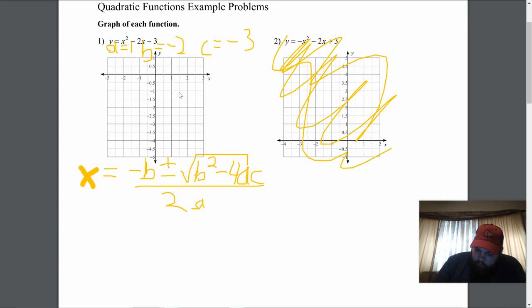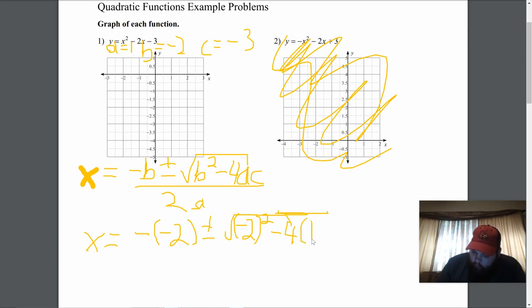So I got x equals negative, and then put parentheses, negative 2 plus or minus square root negative 2, put that in parentheses as well, squared minus 4 times 1, because that's our A, times negative 3, because that's our C, all over 2 times A, which is 1.